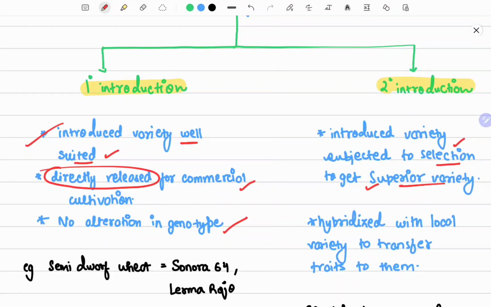This is called secondary introduction, and this secondarily introduced variety is hybridized with the local variety to transfer traits to them. It is done basically through back crossing. What back crossing is will be dealt with in later chapters. For now, what you should learn is that the secondary introduced variety is crossed with the local varieties and the traits are transferred into them.